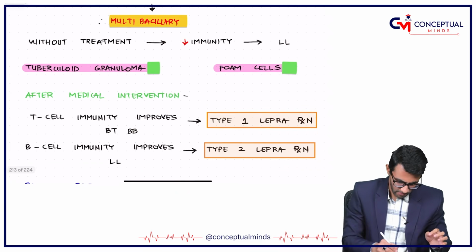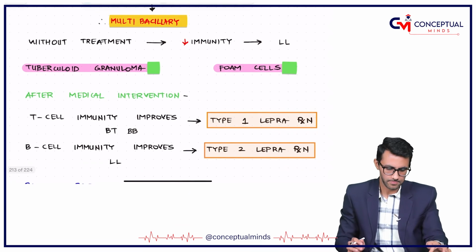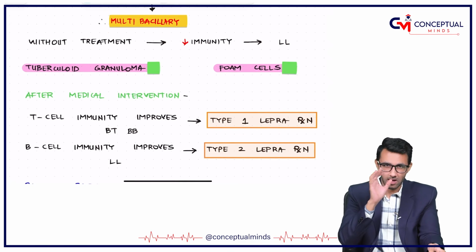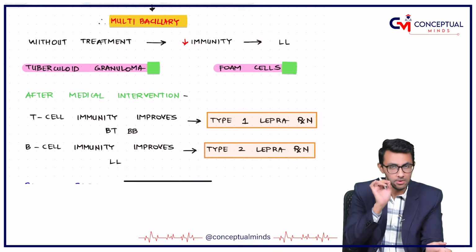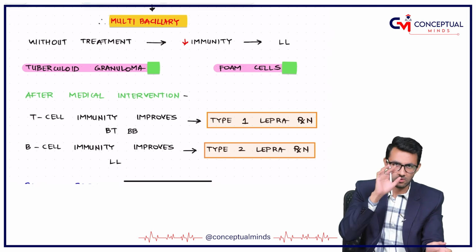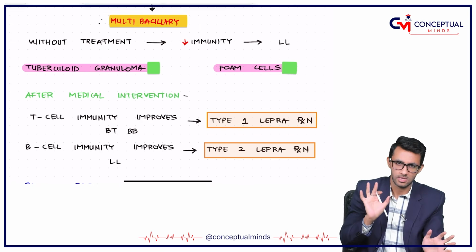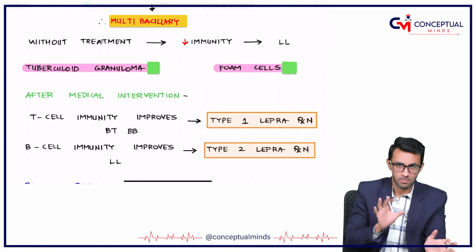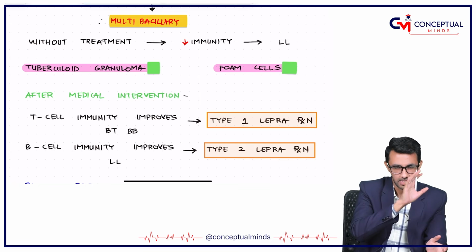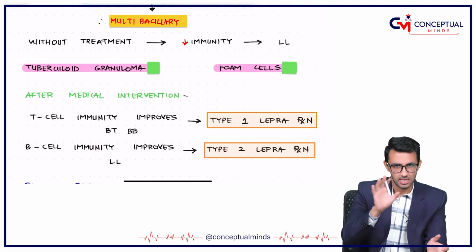What do you think about the granuloma? If you understood till now, you will be able to put the arrows correctly. There would be either increasing or decreasing foam cells. I hope you are along with me and getting the answers right. From TT you go to LL, immunity is decreasing.